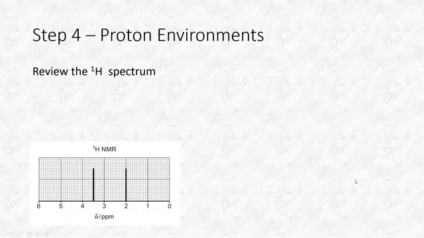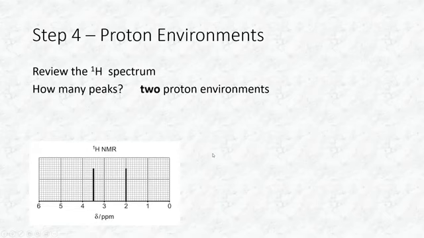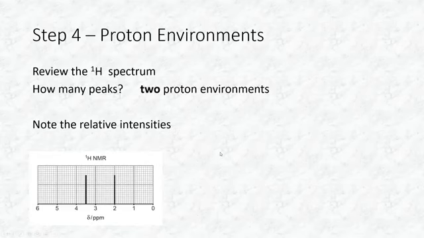Okay. Now we're going to do something very similar with the proton environment. So we're looking at the proton NMR spectrum. Here again, we're going to look at how many peaks there are. Well, we have 2 peaks. That means there are 2 proton environments, 2 groups of chemically identical protons. We're going to note the relative intensities of those peaks.